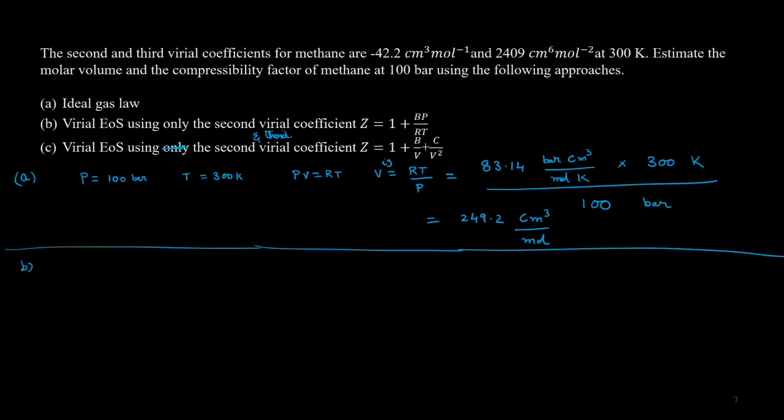Now for case B, I want to use the second virial coefficient alone. Z is 1 plus BP over RT. So we'll first estimate the compressibility factor using the second virial coefficient alone.